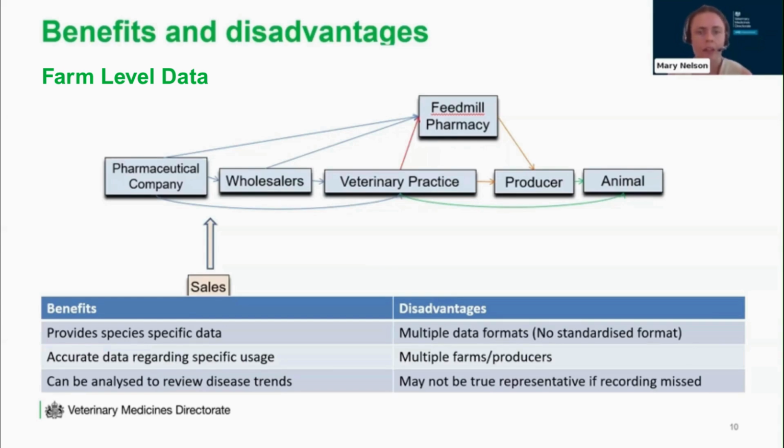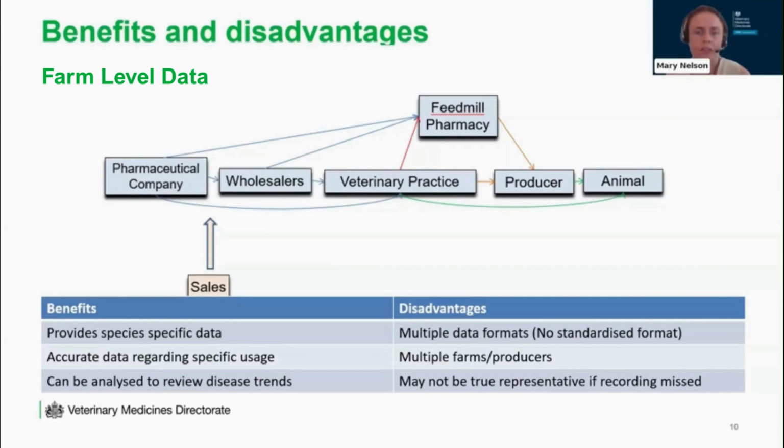However, there are multiple farmers and multiple different groups, and the farmers may store records in different formats, such as a physical written format or on-farm level software, and therefore, as with the prescription data, it can be hard to harmonize and collate it all together.